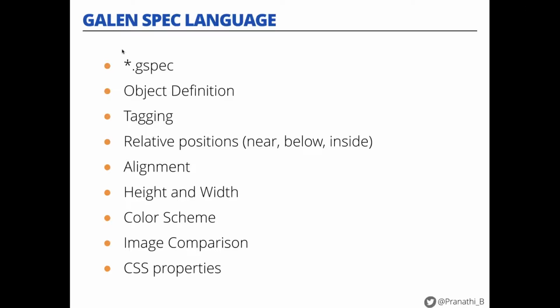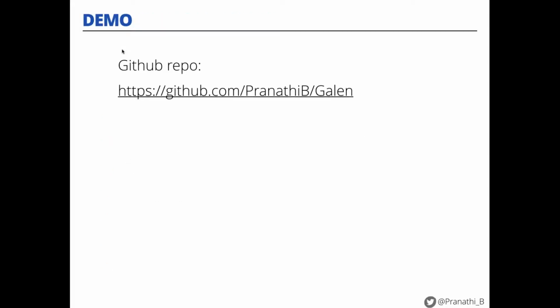You could also do image comparison using the Galen framework, which makes it much easier when you want to write a layout test for a company logo or a banner that you know is going to be a static file. You could also test the CSS properties, which I sort of covered, which means you could test the font, the styling, the color, etc.